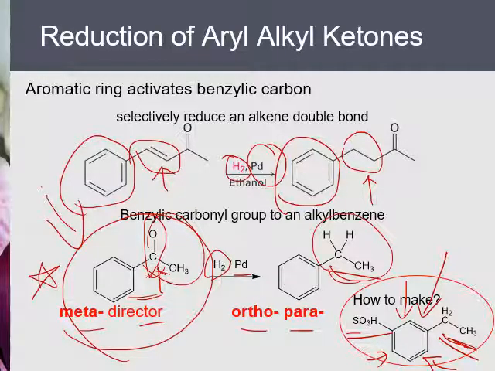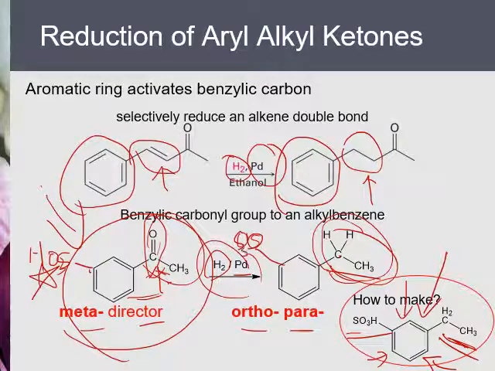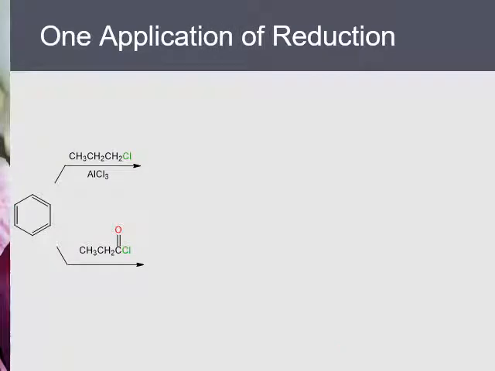Because it's a meta director, we can add the sulfonic acid in the meta position, and then we perform the reduction reaction to reduce the ketone, or C=O double bond, into a CH2 alkyl group, and then we have the meta position with SO3H sulfonic acid.